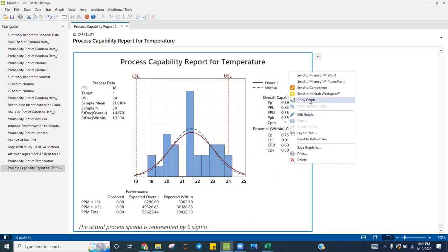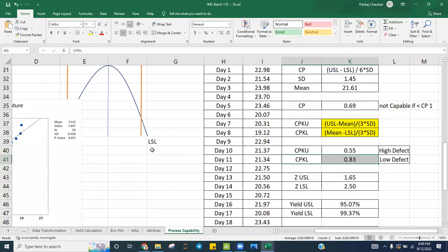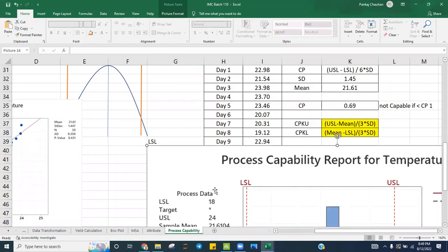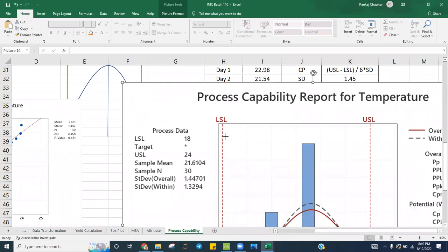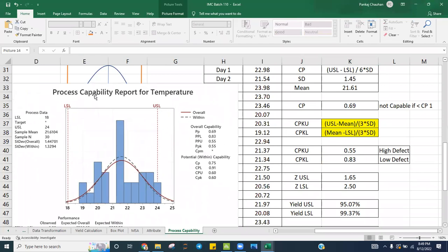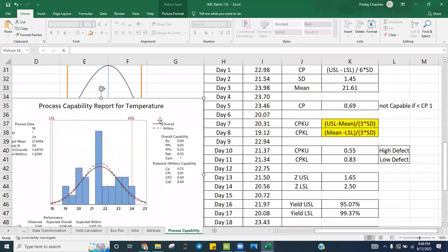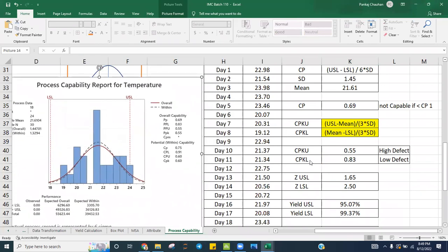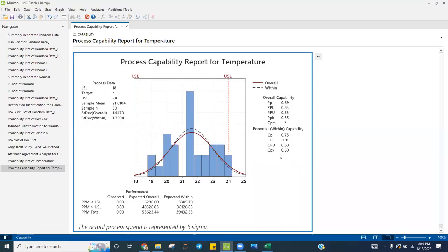So this will give you the same output which we calculated in Excel. Sometimes it may change. It will depend on the variability in the data, because Minitab is much more capable, which will take all considerations into the picture, while Excel may not do that. So this is the way we do capability.